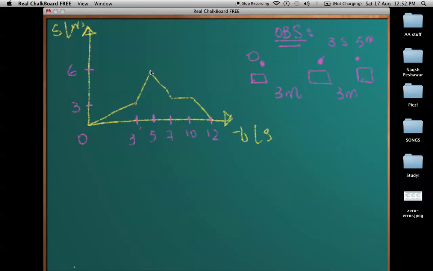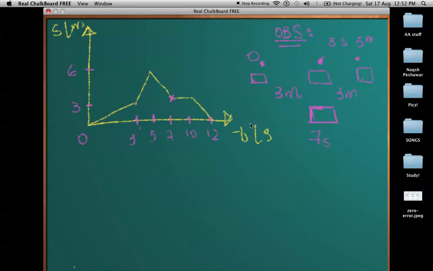After that, at t equals 7, the car is at 3 meters again. This means at t equals 7 seconds, the car is back again at the same position. That means it has reversed. This is my prediction. I don't know as yet, but yes, it makes sense that it is at 3 again.